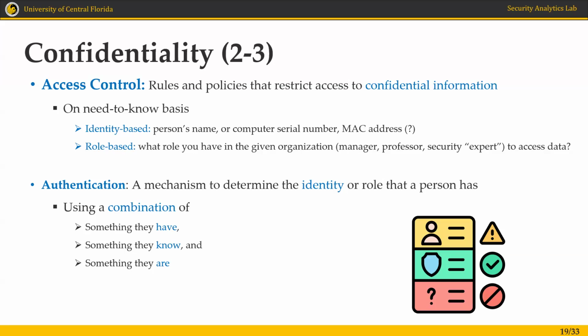I think here at UCF we have ITs and TAs, we have GTAs. So per role, you should only be allowed to obtain the information that you are given. Authentication determines the identity and role, using a combination: something they have, something they know, or something that they are.